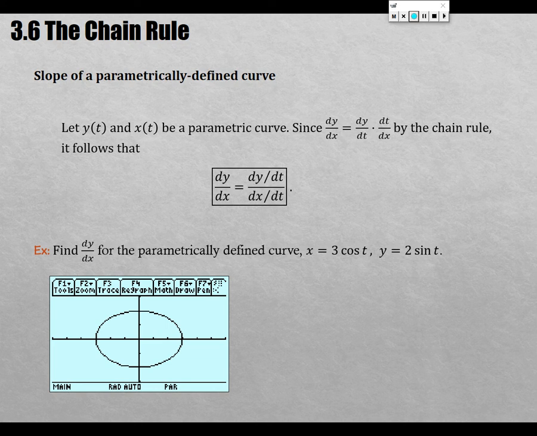So, for example, by the way, this is an ellipse here. We've got x as a function of t, 3 cosine t, and y as a function of t, 2 sine t. Take the derivative. What's dy dx then in terms of t?